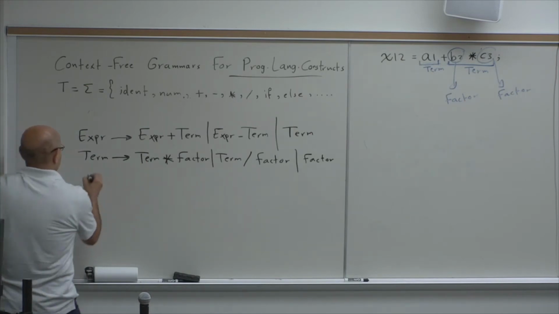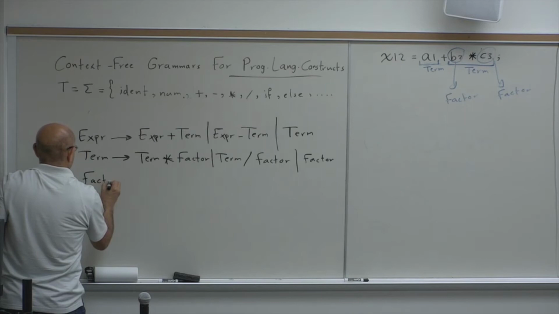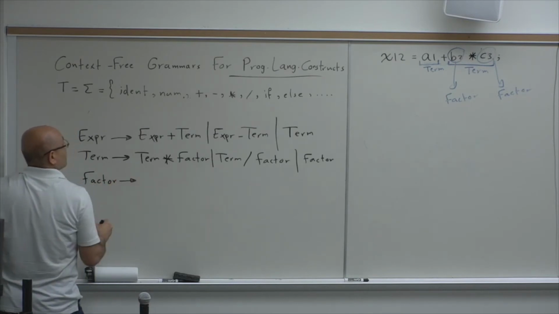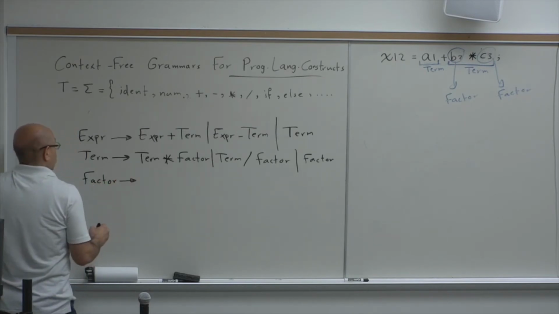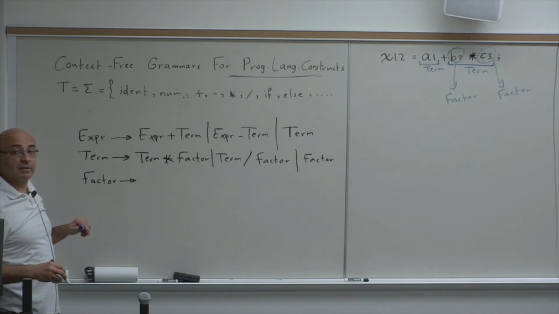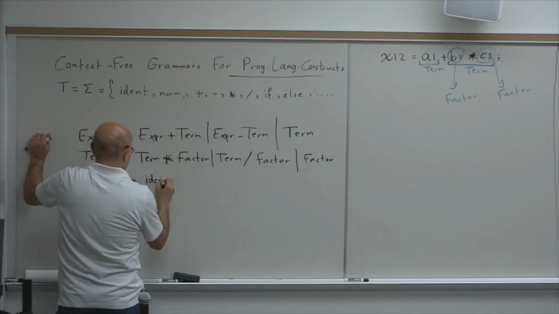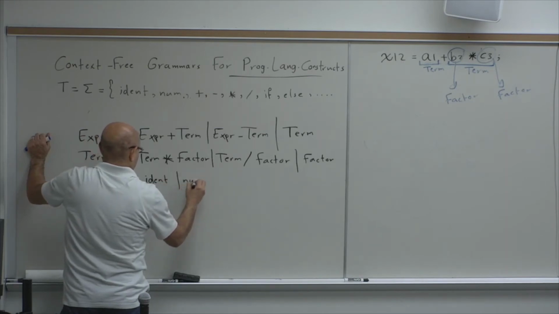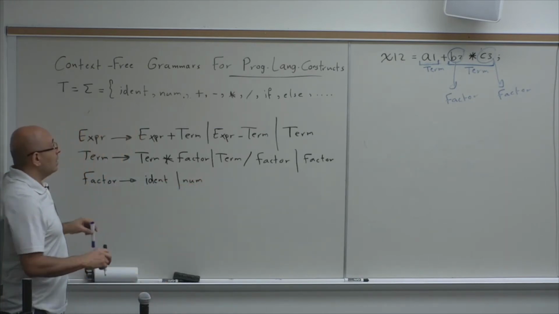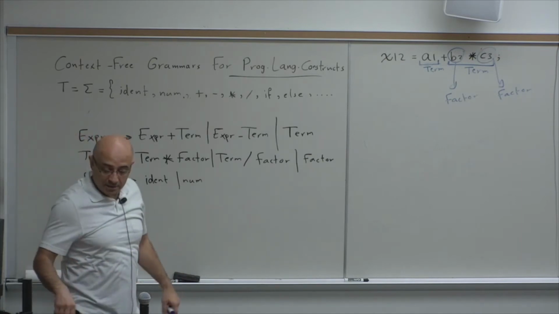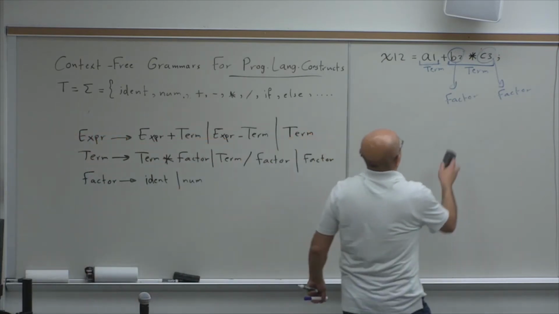Okay? Now what do I need to define now? I need to define a factor. And the factor is, what's a factor? Identifier or number. Okay? So now let's do the derivation.